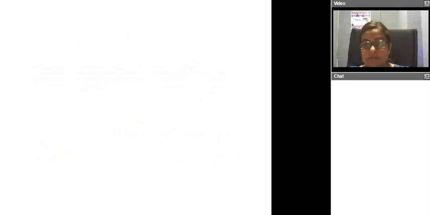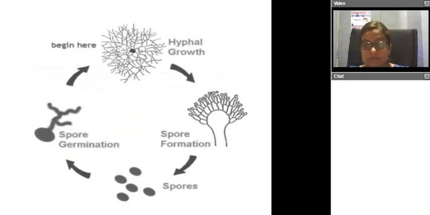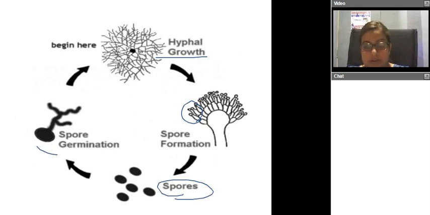Right? Clear, everyone? See, this is the hyphae. It produces spores. These spores are released and they germinate into new organisms. Clear, everyone? Any doubts over here?